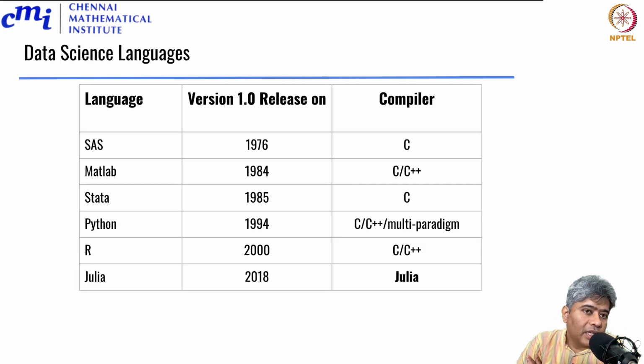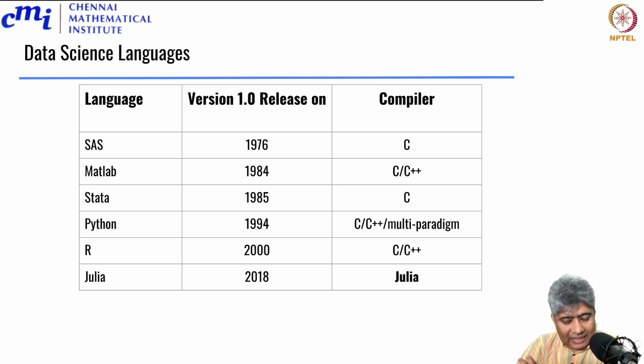Now if you see the evolution of the data science languages, the first major data science language was SAS, which came in 1976. Its compiler was C. MATLAB was 1984. C, C++. Stata was 85. C, Python, C++, some other paradigm was also taken.